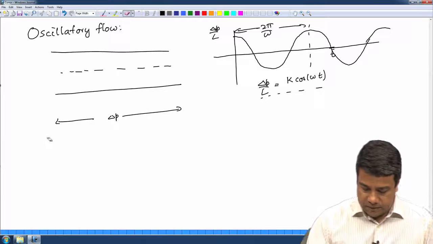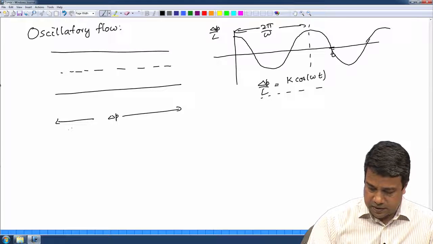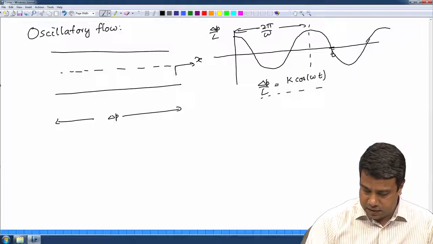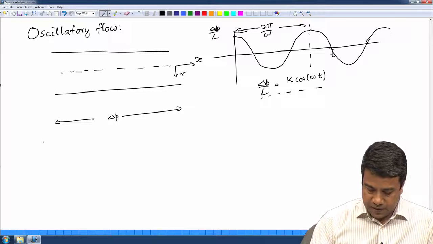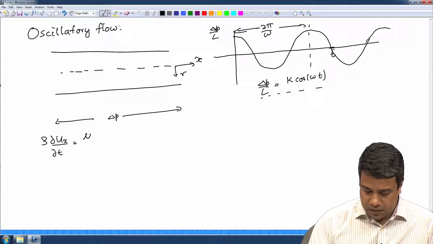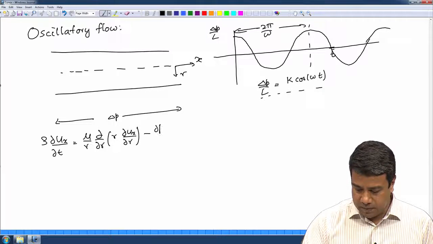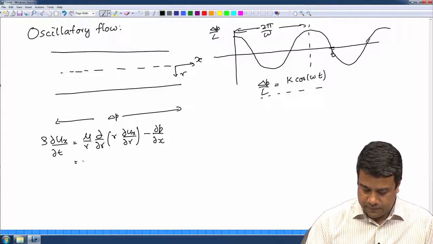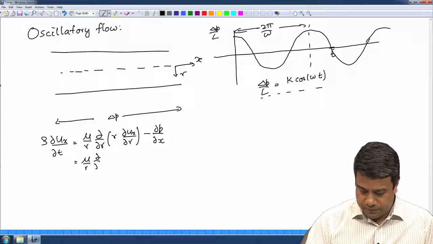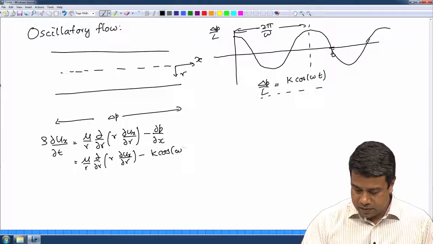Momentum conservation equation for this case. So, this is x, this is r. Rho du_x by dt is equal to mu by r d by dr of (r du_x by dr) minus dp by dx, which is minus k cos omega t.